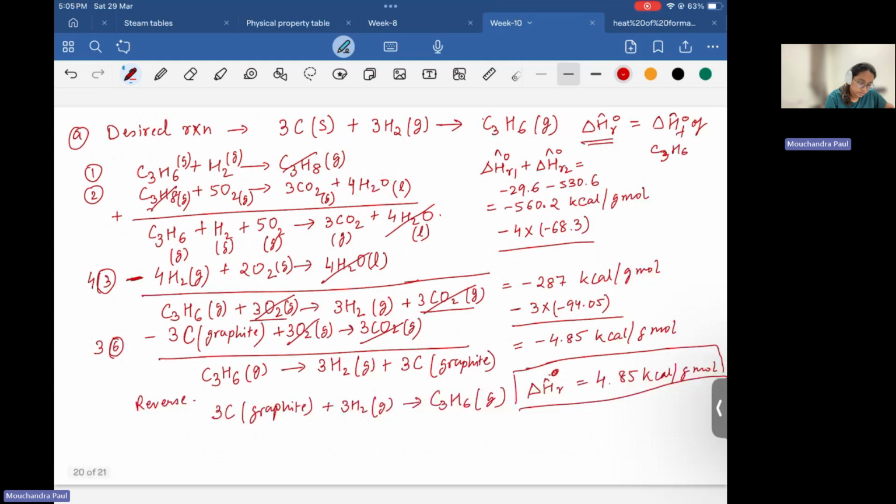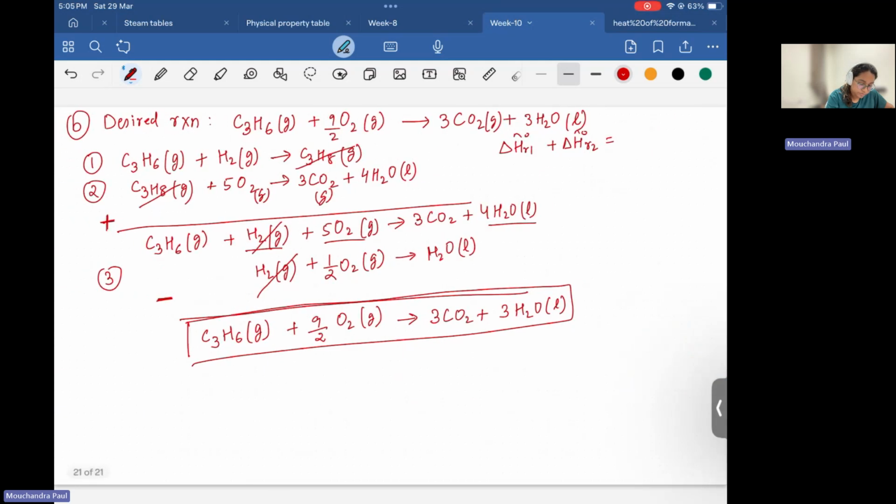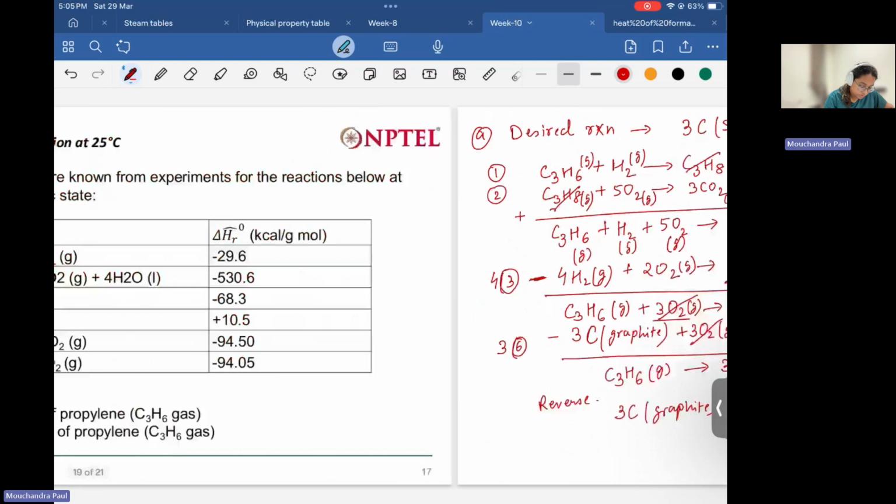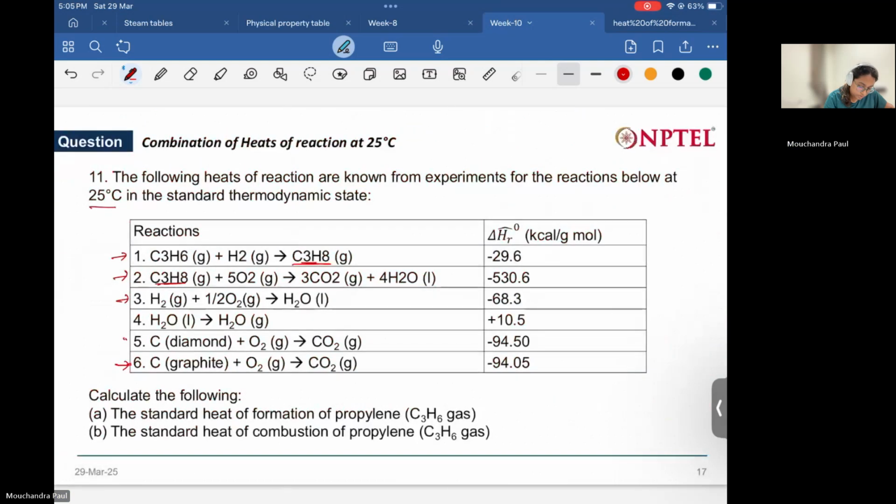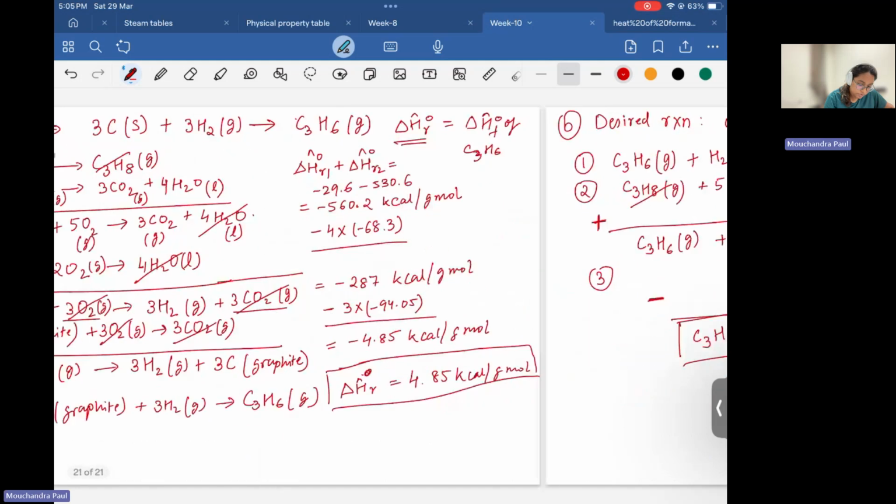We already did it here, so it is minus 560.2 kilocalorie per gram mole. Now with this, we have to subtract the heat of reaction of 3, minus 68.3.